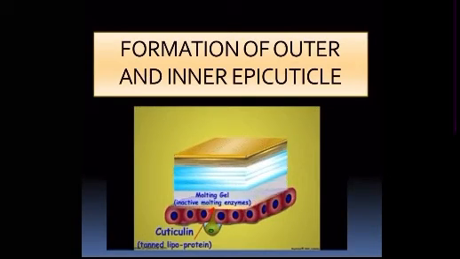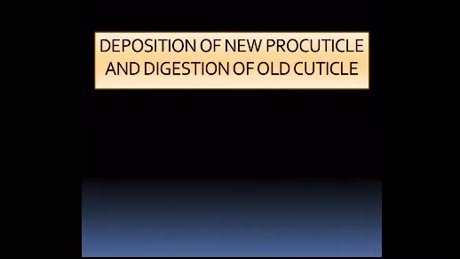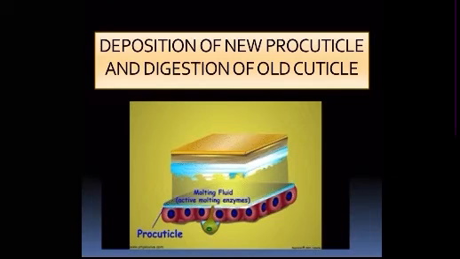The new inner epicuticle and the outer epicuticle layer of the cuticle are secreted. And this cuticulin layer protects the newly forming cuticle and the epidermis from the digestion of enzymes by the molting gel.